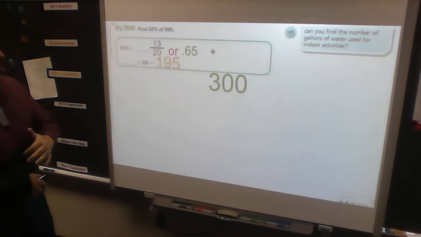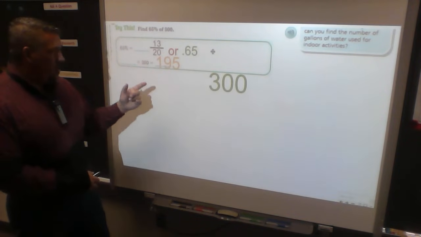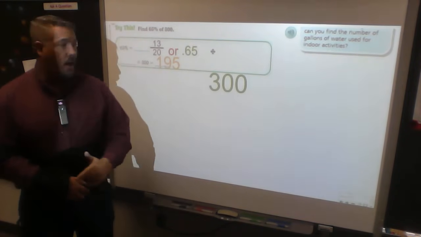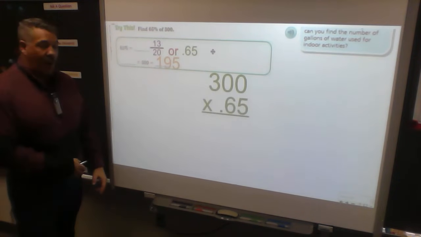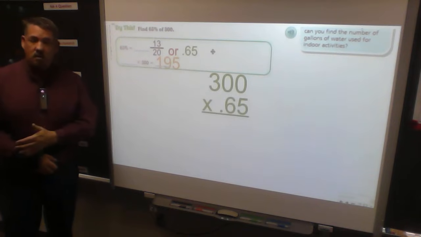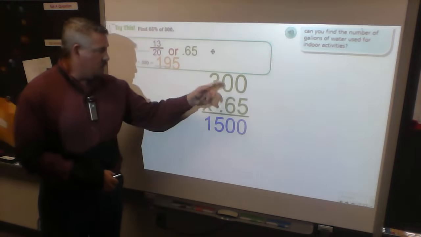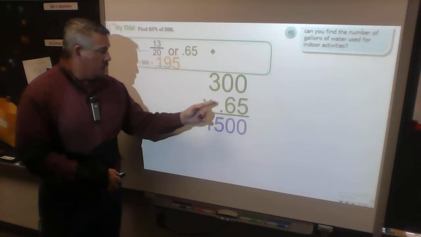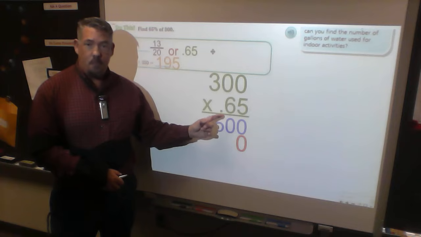On my decimal point then, if I know that I have it out of 300, of means multiply, and I'm going to use 0.65. So then I'm going to have 300 times 65 hundredths, 0.65, multiplied by my 5, so I get 0, 0, and 15. My second number tells me to bring down a 0. I multiply it by my 6.